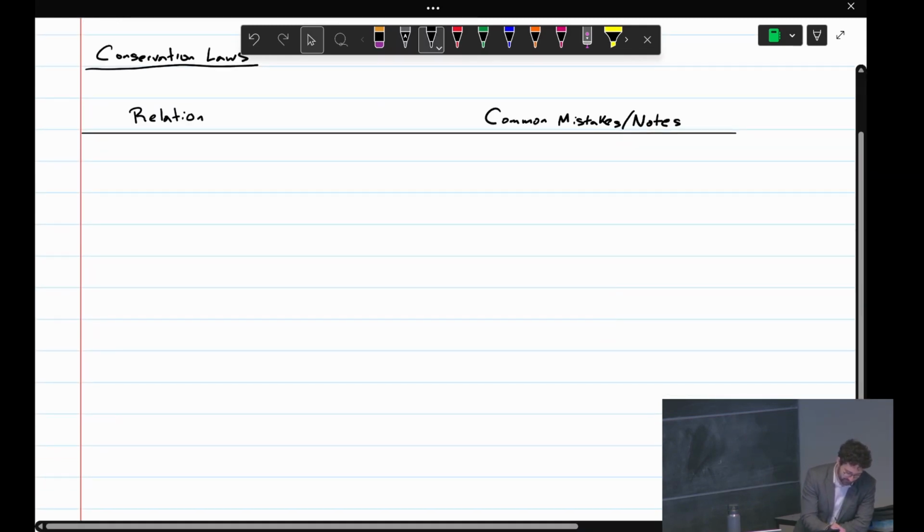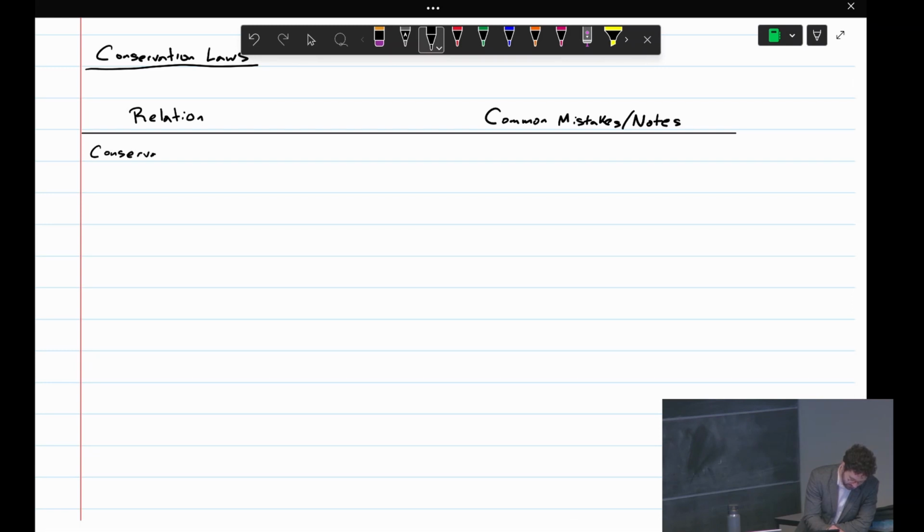So for conservation of mass, in words, we said that the conservation law says accumulation equals net flux into the CV.